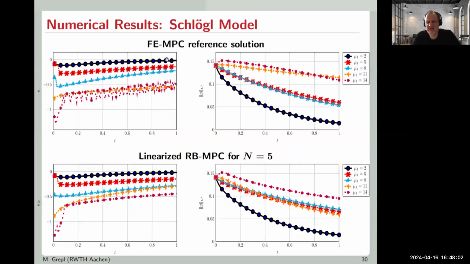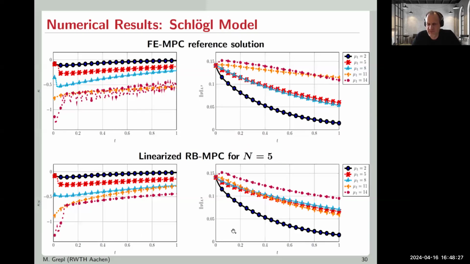And here are some results for the FE MPC and the linearized RB MPC for n equals 5. Again, for the different parameter values, the finite element MPC approach stabilizes, and for our linearized RB MPC you can see that the controls are a little smoother, but they also work for all parameters and stabilize the nonlinear system.